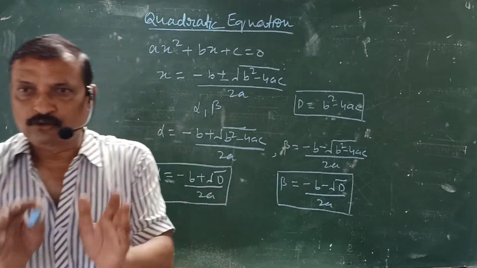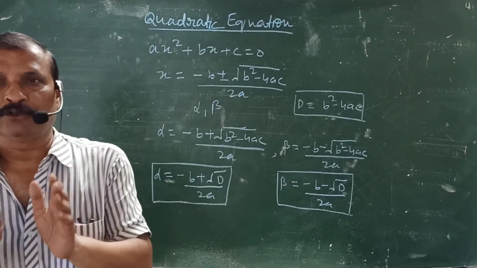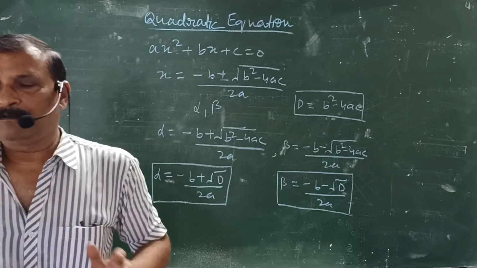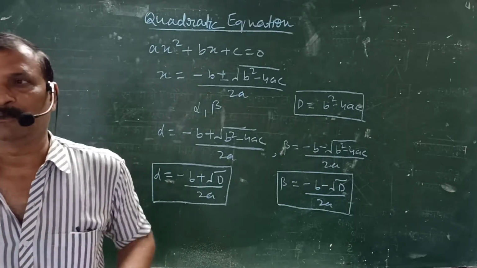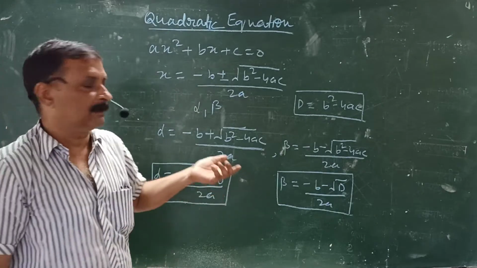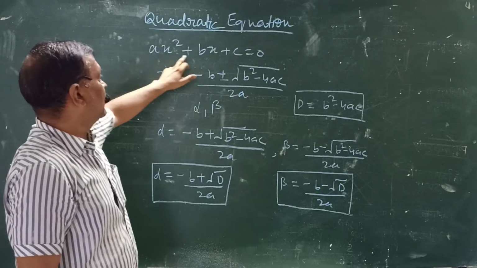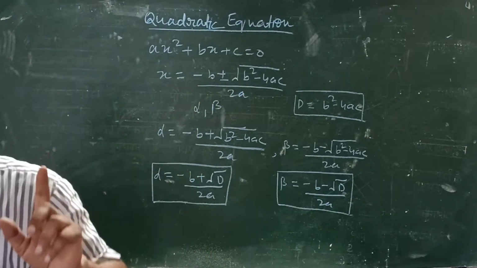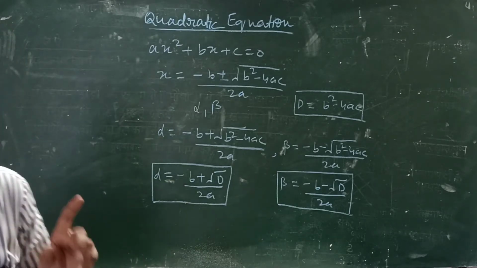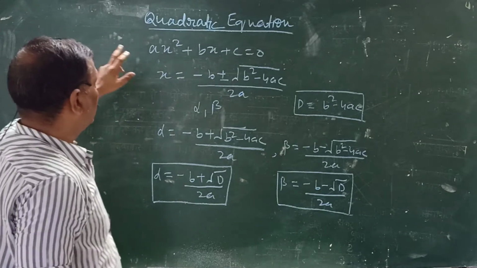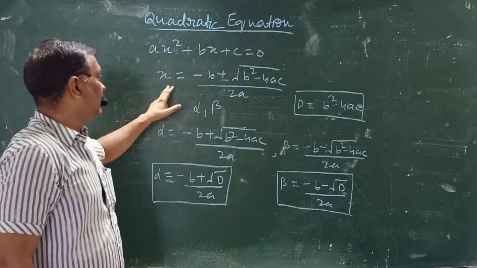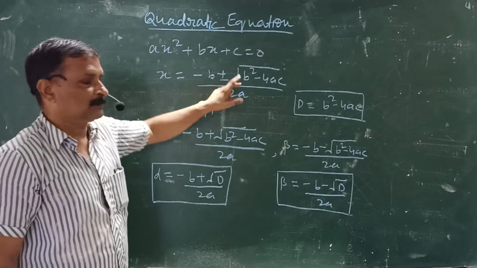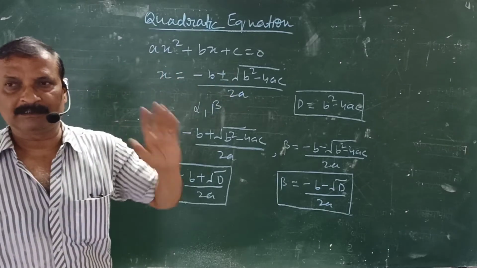So the two roots mean the solutions of the quadratic equation in the given variable. If ax square plus bx plus c is equal to 0, it is a quadratic equation in variable x. So the values of x are equal to minus b plus minus root b square minus 4ac upon 2a.